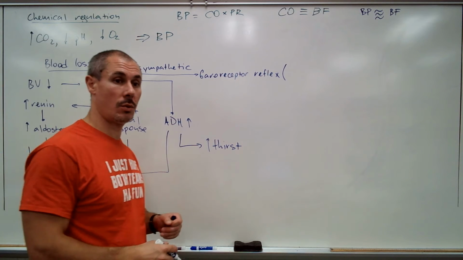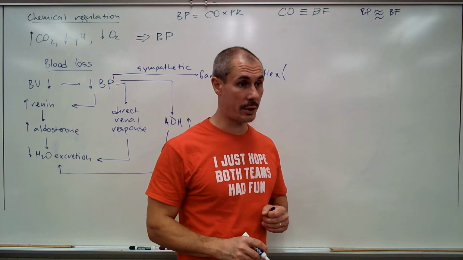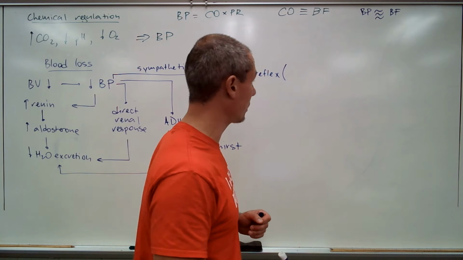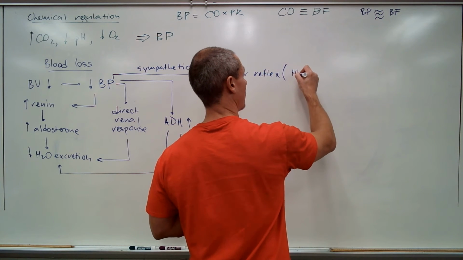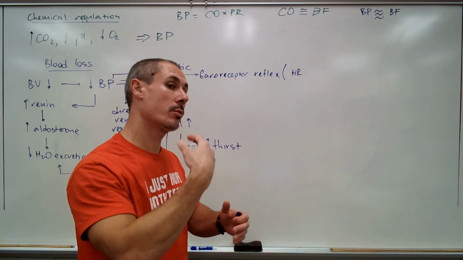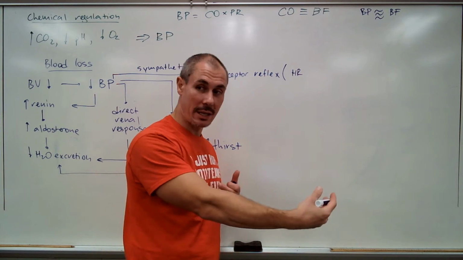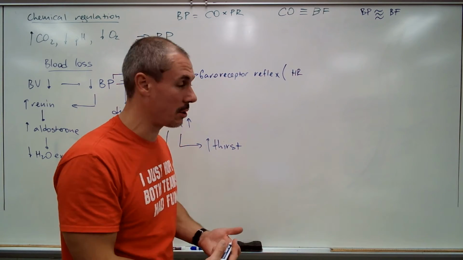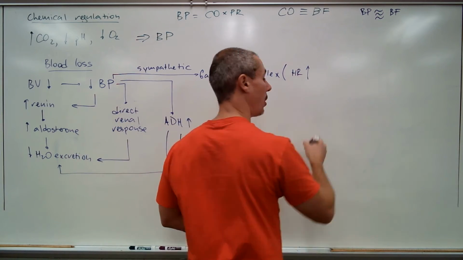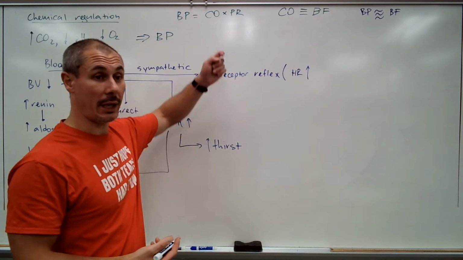What's going to happen to the frequency of your cardiac contractions? What's going to happen to your heart rate? Yes, it's a response. It's trying to correct the situation. So heart rate will go up, which results in increased cardiac output, right?